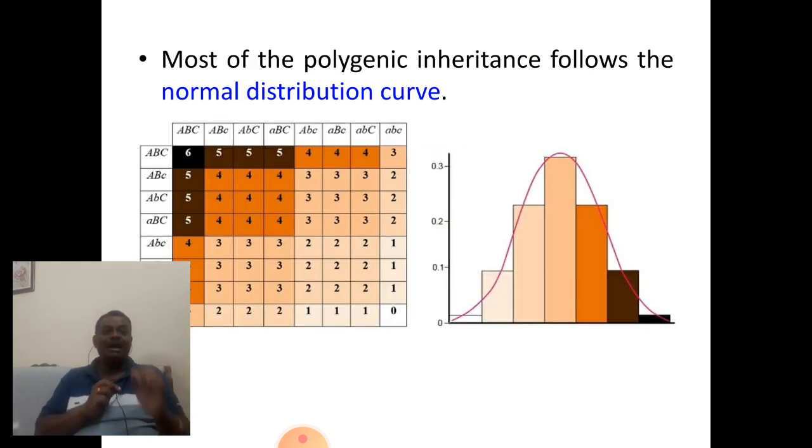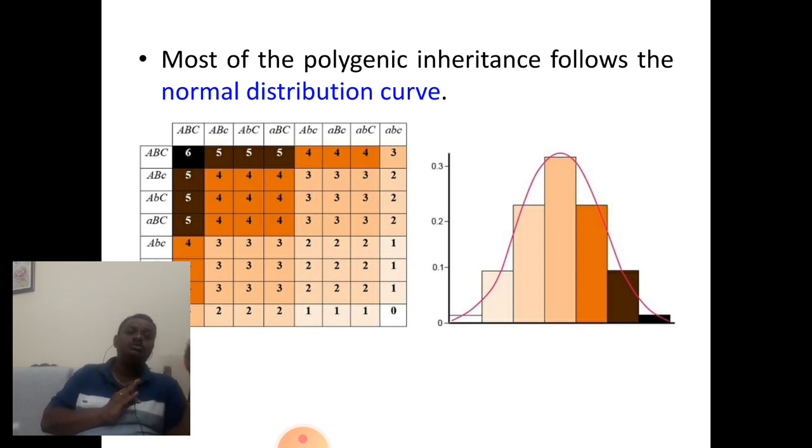When you look at the numbers, suppose the 3 individuals who occupy the center are 20. On either side of the middle region, for 4 and 2, there will be 15 individuals.